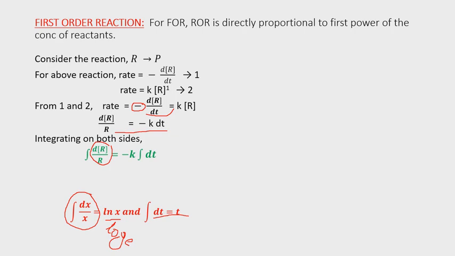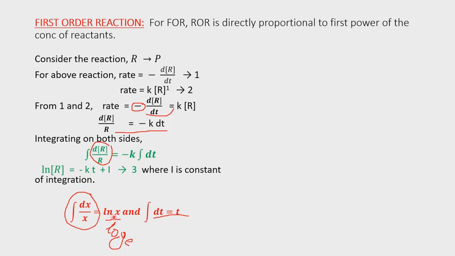So now look at the solution. Ln R. Why are you getting ln R? Because integral dR by R equal to ln R, according to the formula integral dx by x equal to ln x.